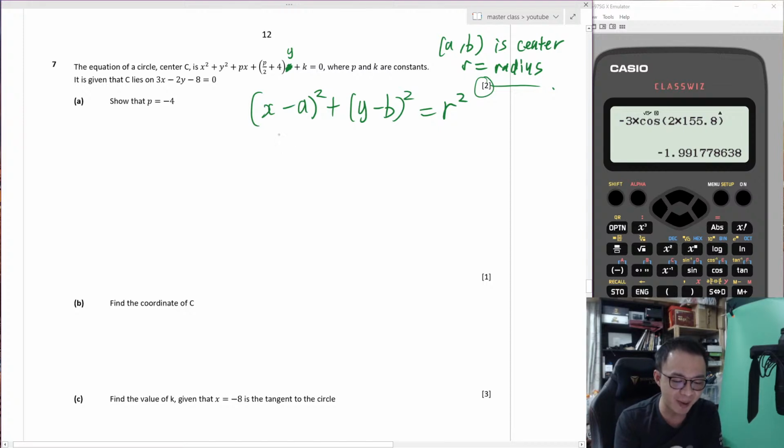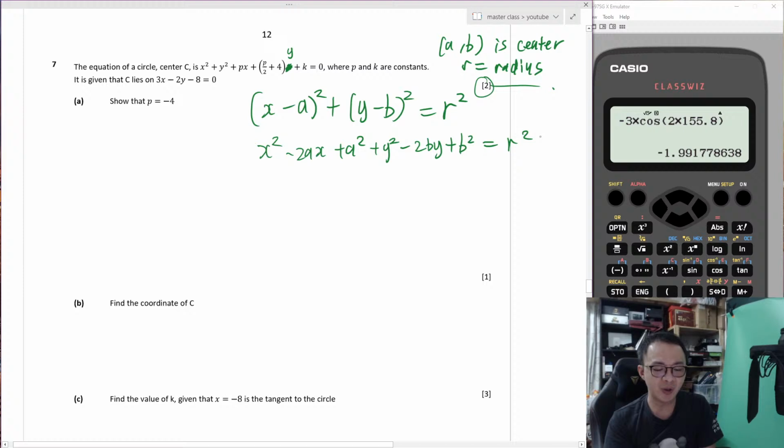Alright, so if I expand this one, you can see this is x squared minus 2ax plus a squared. And then here we have something like y squared minus 2by plus b squared equals r squared. So what I'm trying to tell you is, let's say we ignore the x squared, and ignore the y squared.